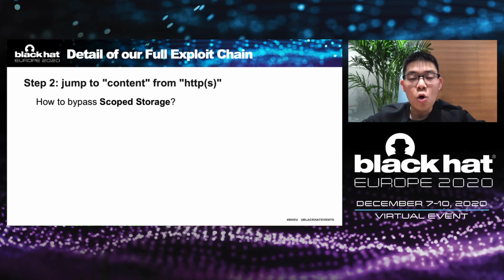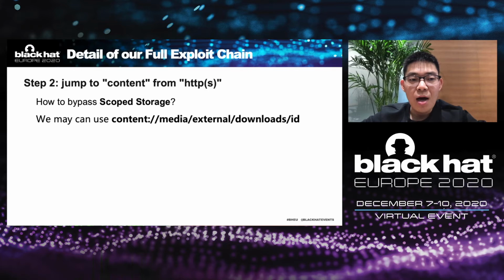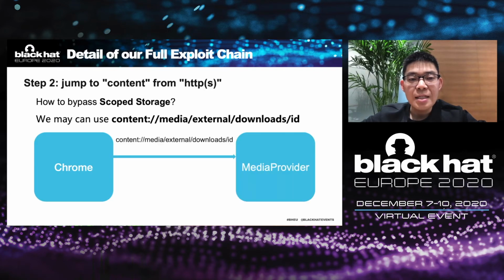How to bypass scoped storage? We can use this content URI. Chrome requests the media provider by this content URI. Then media provider returns a file descriptor of the requested file back to Chrome. Because the payload file is downloaded by Chrome itself, the enforcing from media provider is alright.